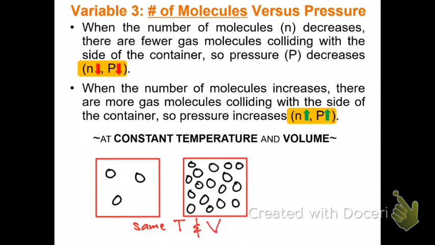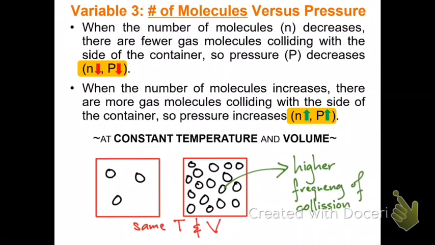Because we're looking at the number of molecules here, you can see that this container would result in higher frequency of collision. Because the second container contains more molecules, it has higher frequency of collision, higher pressure. So this one has higher or greater pressure.